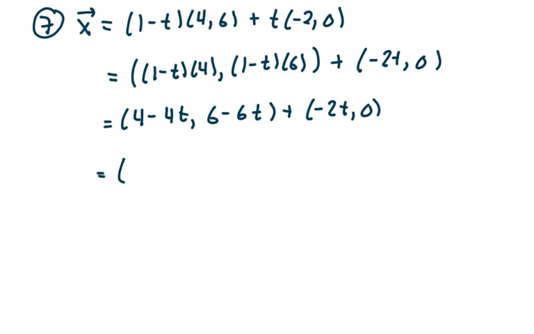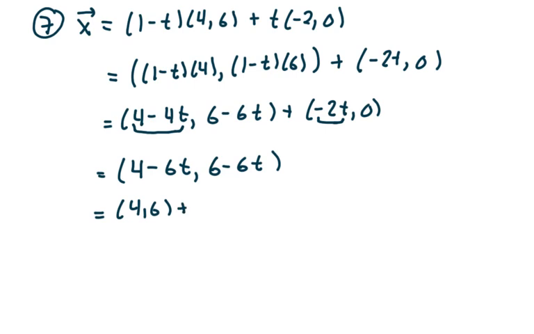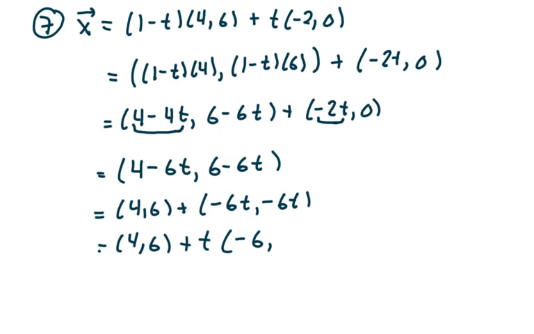And so this is 4 minus 6t, right? Because I'm going to take 4 minus 4t and add negative 2t. That's where I'm getting the 4 minus 6t from. And then we get 6 minus 6t. But this is the vector (4, 6) plus the vector (negative 6t, negative 6t). And so this is (4, 6) plus t times (negative 6, negative 6).